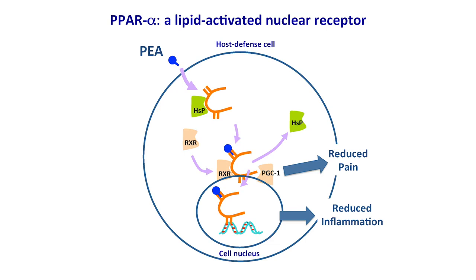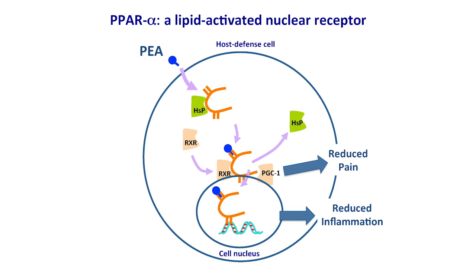The heat shock protein sheds off, and the receptor binds to this other receptor called RXR and this other series of proteins called co-activators. This particular protein here is called PGC1 alpha. And this complex now goes into the cell nucleus, binds to the DNA, and regulates the expression of genes, and therefore proteins, that regulate inflammation.